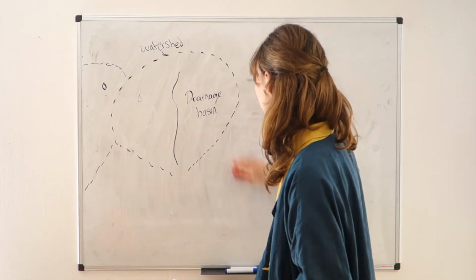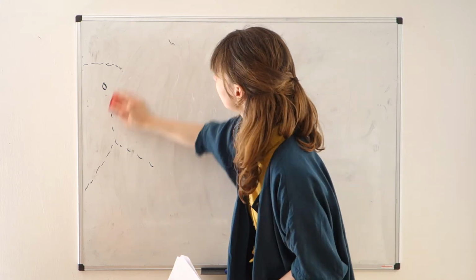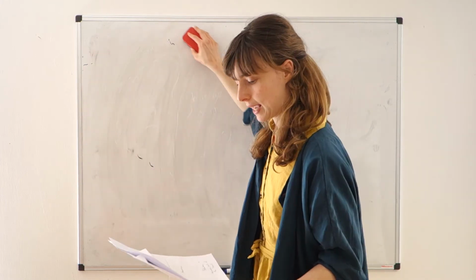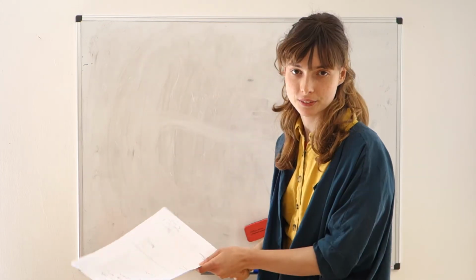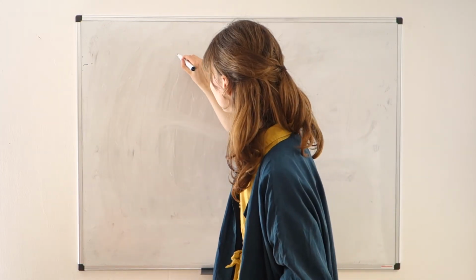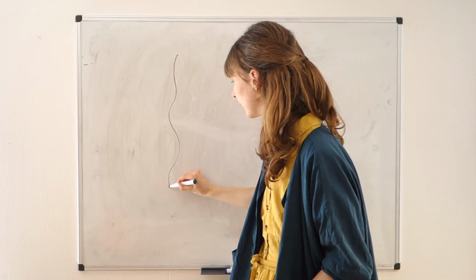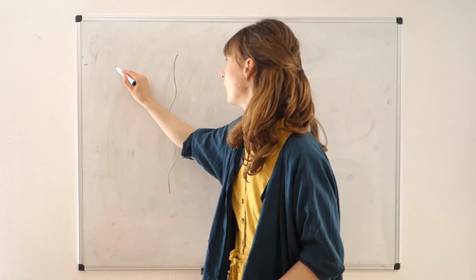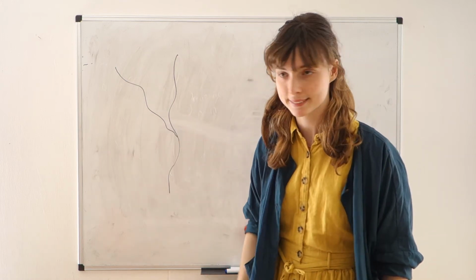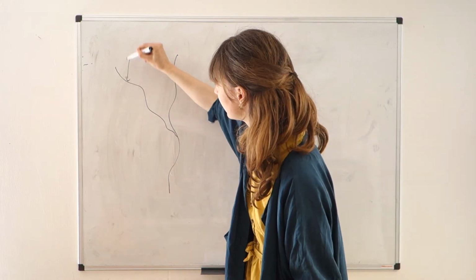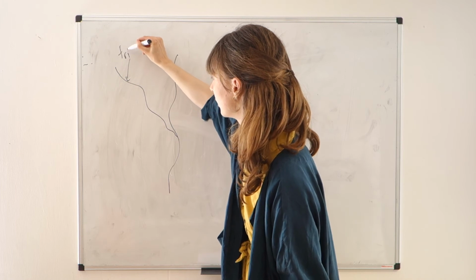The last thing that we need to look at is the difference between a tributary and a confluence. So we've got our river flowing down here. It's a large river. And another smaller river is joining it. That river is called a tributary.